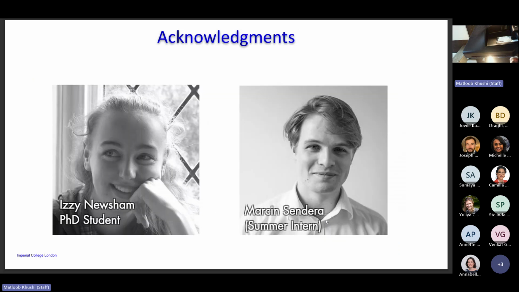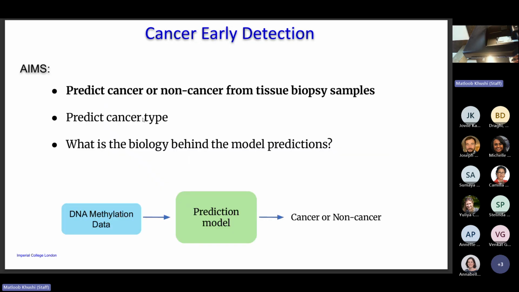Okay. Because it's a student symposium, I picked two projects that students in my lab did. The first story was done by a PhD student, Issy Newsham, and a summer intern, Martin Sendera. Issy just finished her PhD, and she was my last Cambridge PhD student.